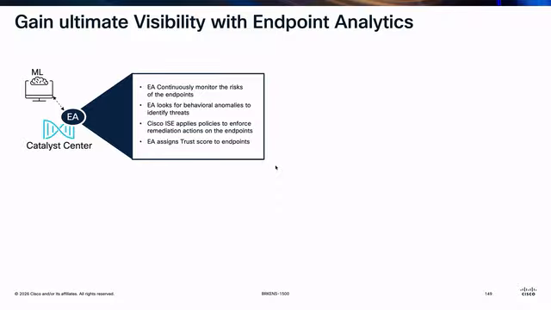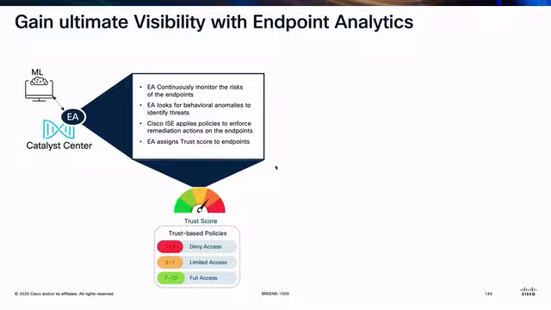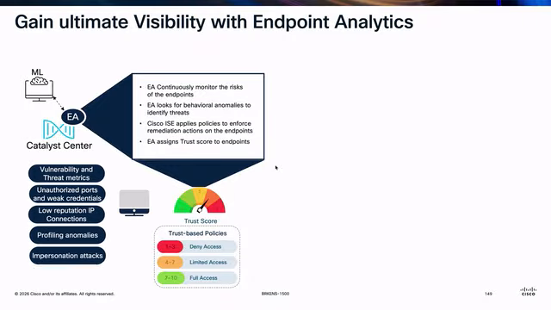How can we leverage that? Because Catalyst Center can tell you how much trust you will give to a certain endpoint or user, depending on its behavior, depending on the rules that you're going to set up. So we'll assign a trust score to a device based on the deep packet inspection, so what kind of applications are being used by the user or endpoint, depending on the profiling.